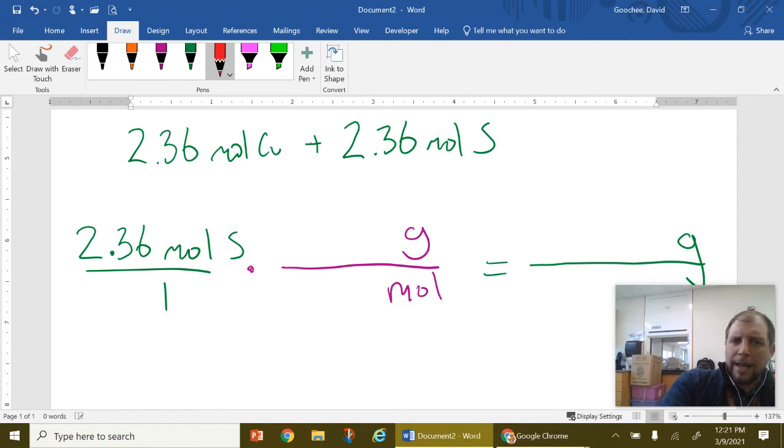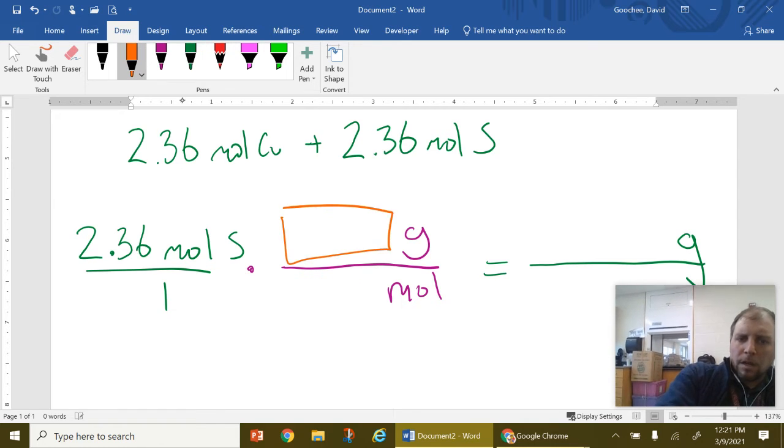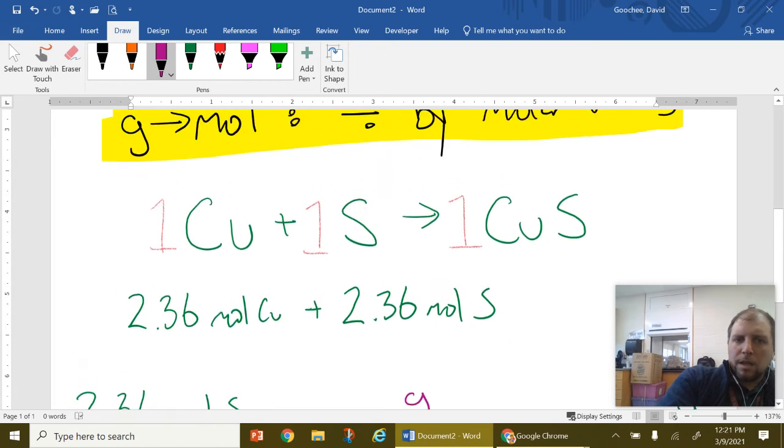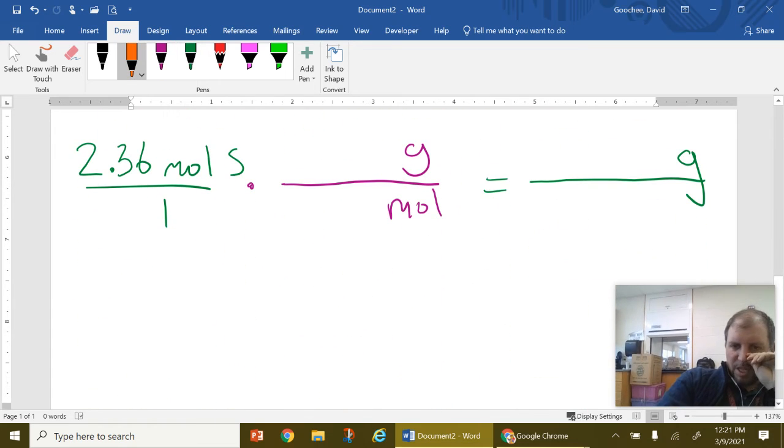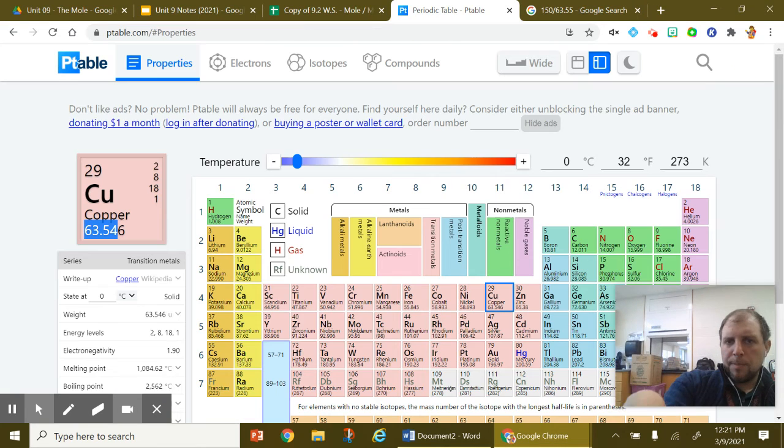Now, once again, I got to put some numbers here so I can do some math with them. And once again, we can look to the periodic table. To find the relationship between grams and moles for sulfur, I just go to the periodic table here.